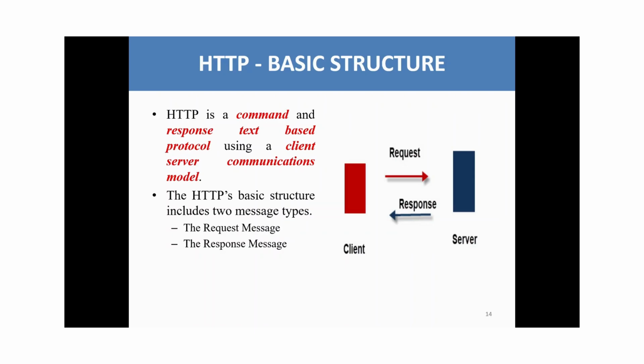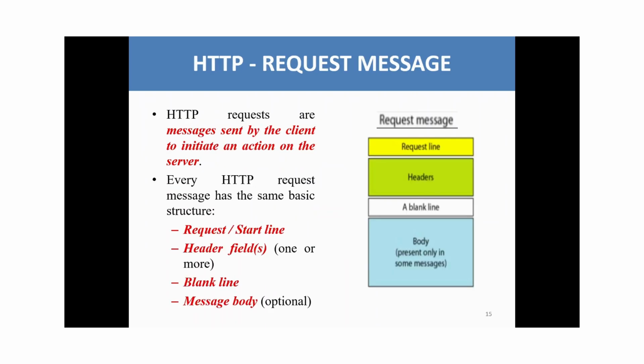It has two message types, request messages and response messages. An HTTP request message is sent by the client to initiate a specific action by the server. The HTTP request message has a basic structure: request or start line, header field, blank line, and finally the message body.